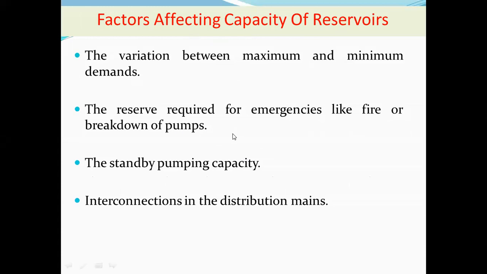Okay, if the number of breakdowns of the pumps or the failure of electricity is more and it prolongs for a longer time duration, then the storage required for this emergency purpose will increase. Okay, and likewise the capacity of the reservoir will increase.